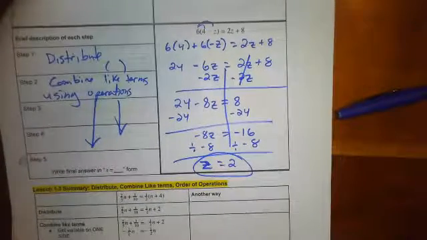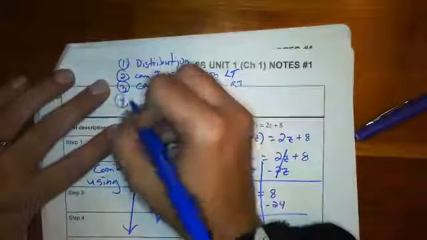My key to you would be look for distribution. Can I simplify on the left? I'd ask, can I simplify on the right side? And then I start moving things.